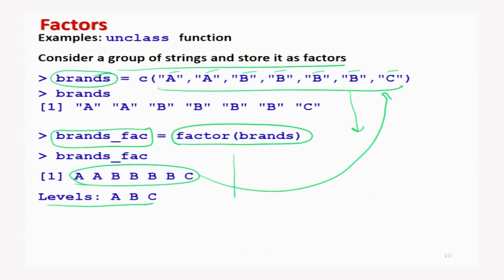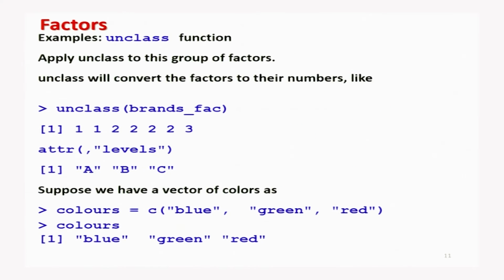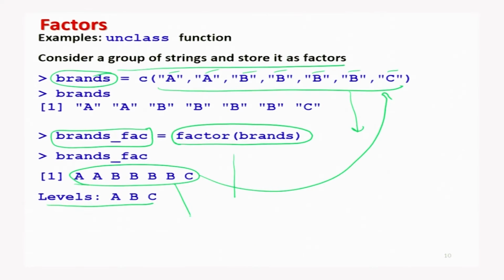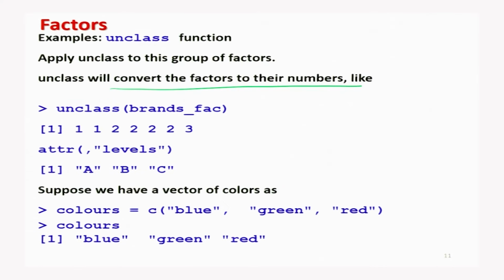So, now you see in this slide we have simply considered the brands and we have converted them into factors, right. Now, in case you use the unclass function, then unclass will convert the factors to their numbers, right. For example, you can see here this value is A, B, B, B, B and C, and if you unclass this outcome brands underscore FAC, then A is converted into 1, B is converted into 2 and C is converted into 3.